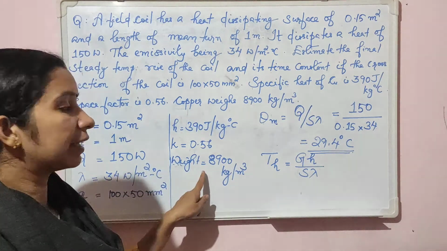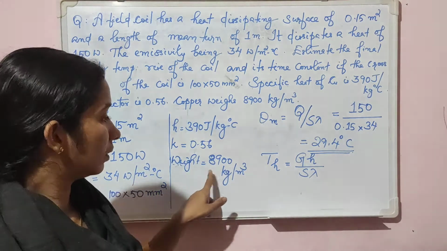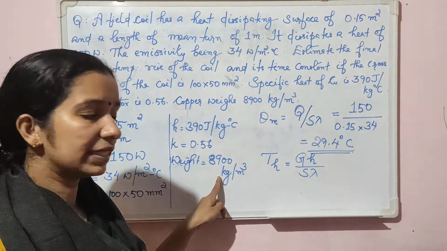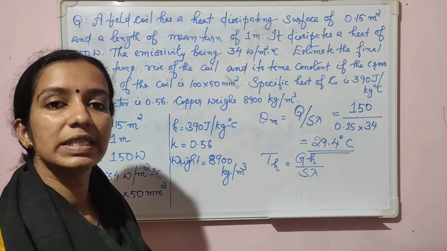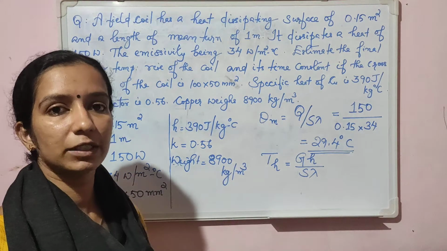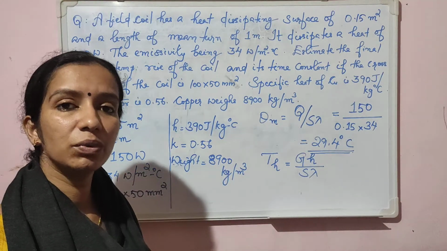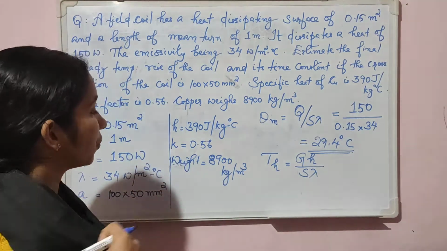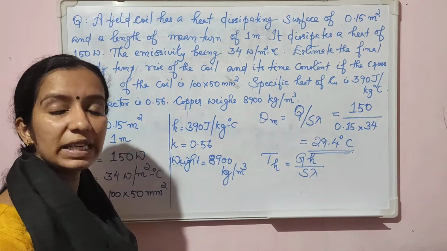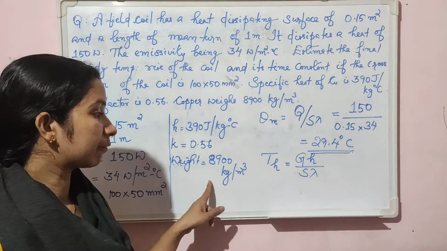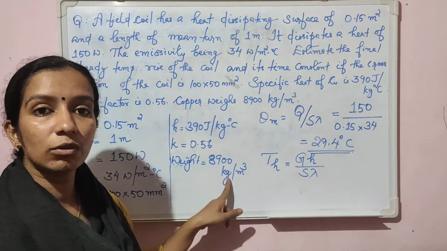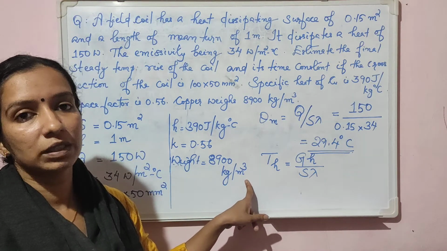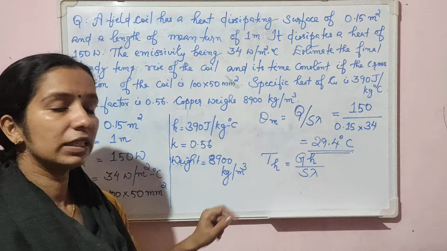But here the weight of copper is given in kilogram per meter cube. That is, the weight per unit volume is given. So we have to convert this into kilograms. So for that, we have to substitute weight in kilogram per meter cube by volume of the coil in meter cube. Then we will get weight G in kilogram.